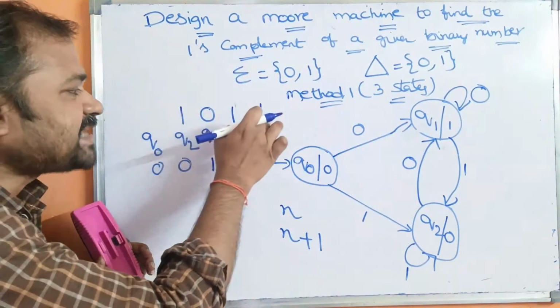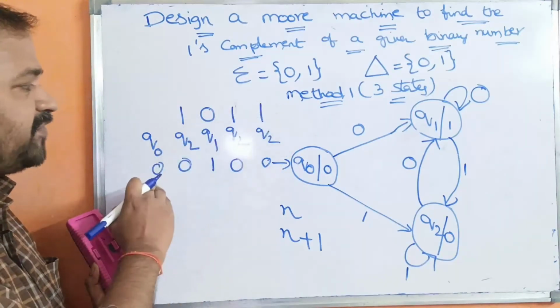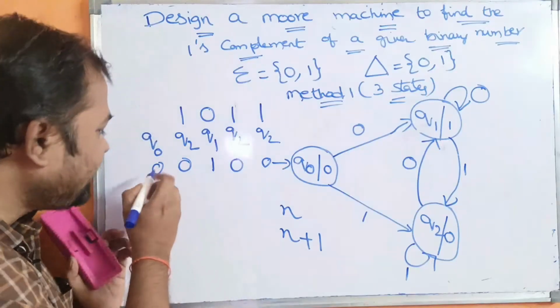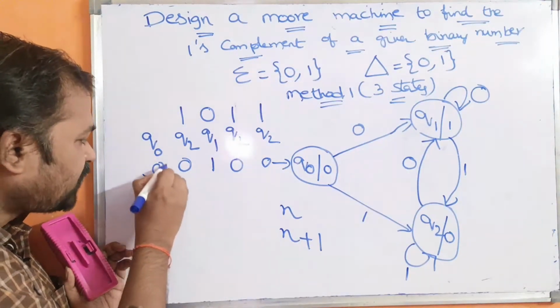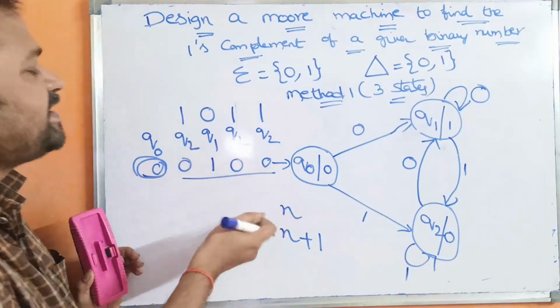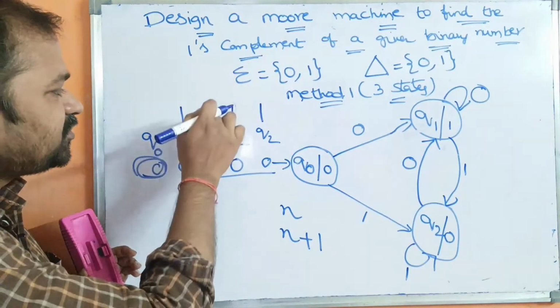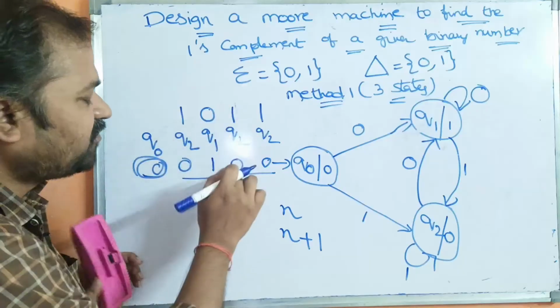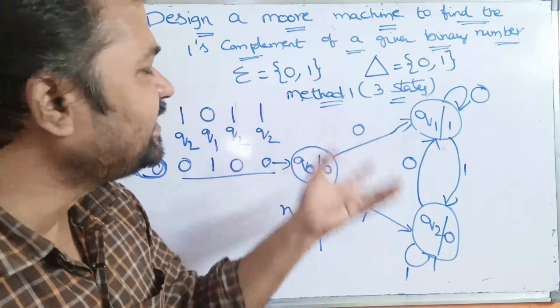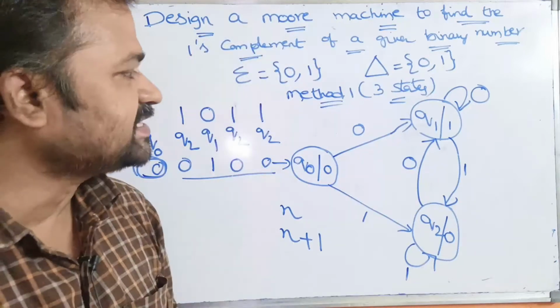Here the input string size is 4, whereas the output string size is 5. So there is no need for this first 0. We have to neglect this 0. So here the output is 0, 1, 0, 0. So 1 is converted to 0, 0 is converted to 1, 1 is converted to 0, 1 is converted to 0. In this way we can design the Moore machine for solving this problem.